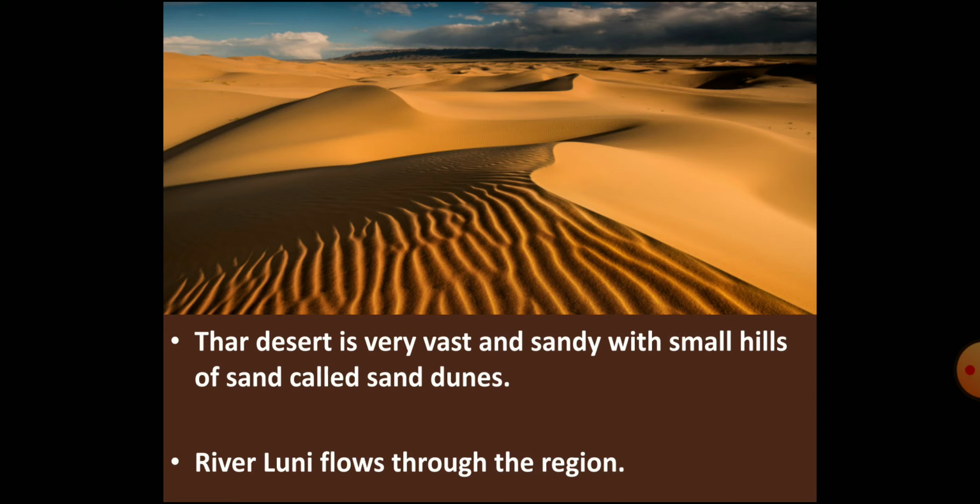So, a sand dune is a small mound or hill of sand which is formed by the wind. As I said children, this region is very dry. It is because it receives very little or you can say low rainfall. The Luni River is the only river in the desert. It is a seasonal river and does not have much water throughout the year.